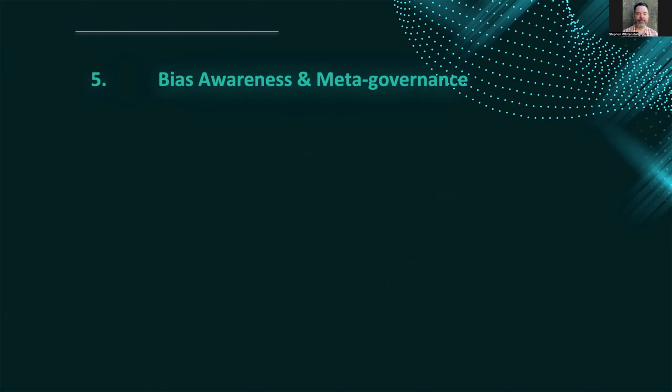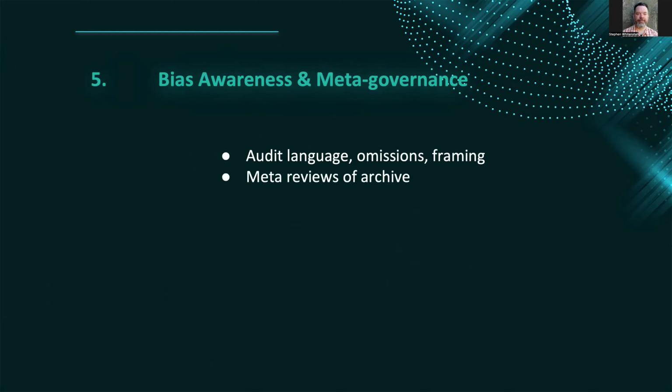Bias awareness and meta-governance. Archivists should audit language, omissions, and framing biases. There should be regular meta reviews of the archive itself, including bias audits and equity checks. Weighted graph analysis to include positive and negative sentiments or agreement.